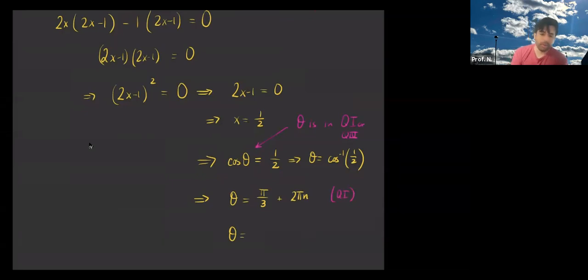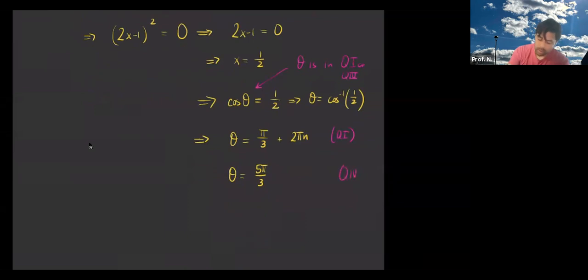The other angle would be 5 pi over 3, which is like saying 300 degrees, in quadrant 4, whose reference angle is 60 degrees. And then I add 2 pi n. This represents the general solution, meaning all the solutions, an infinite number of solutions for the equation.